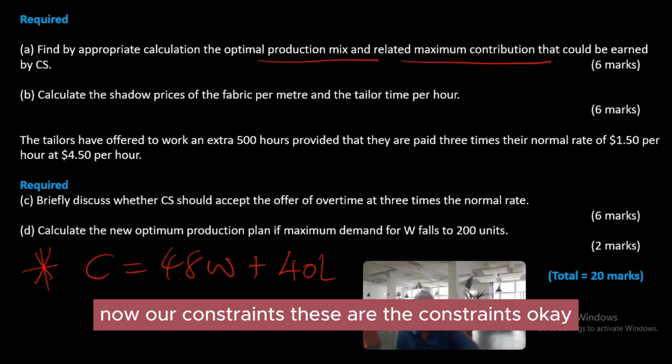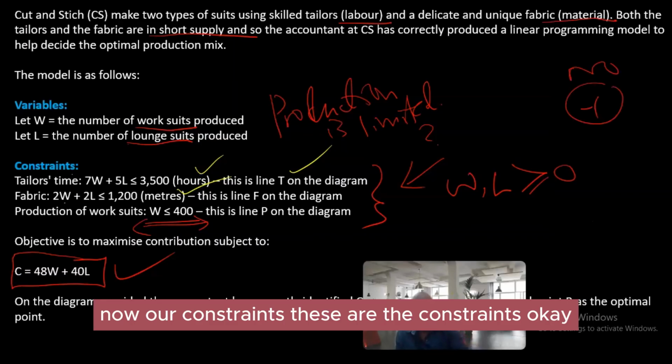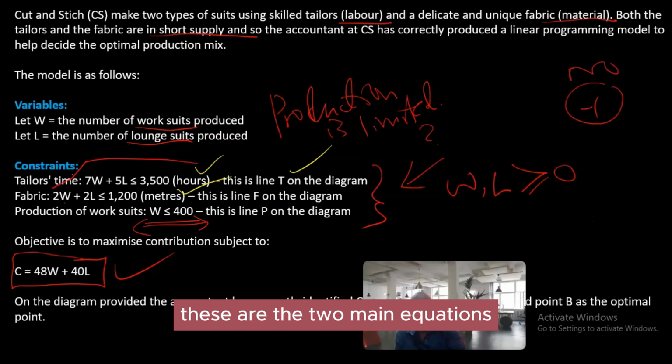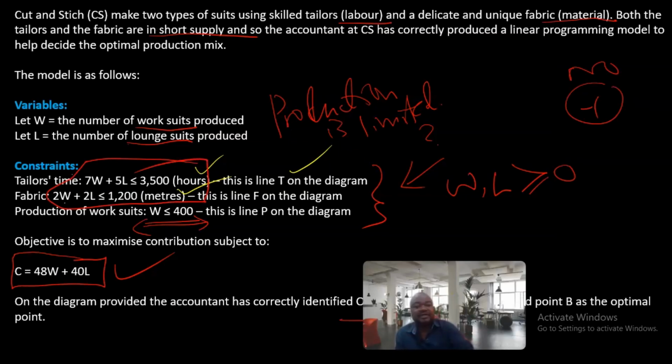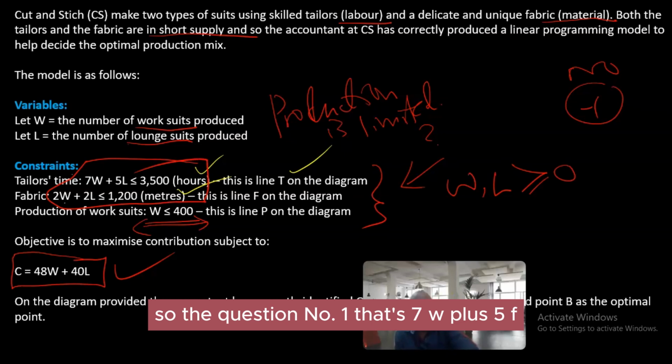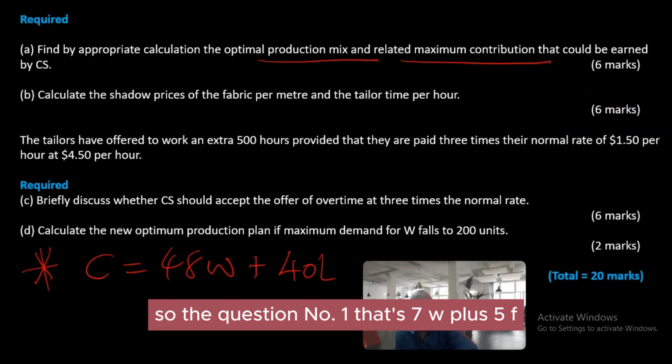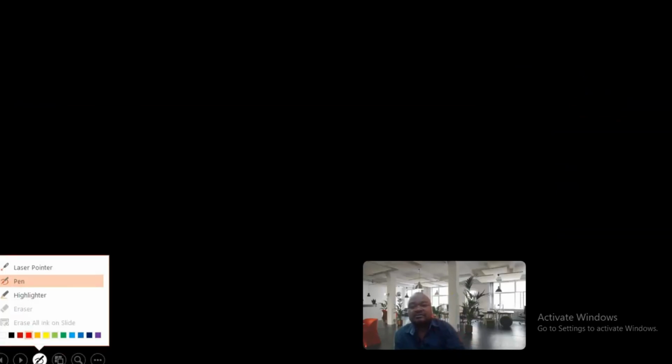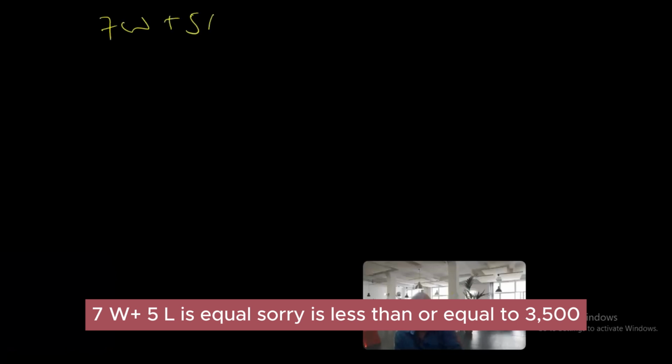Now, these are the constraints. These are the two main equations which we are going to employ. Equation number 1: 7W plus 5L is less than or equal to 3,500.